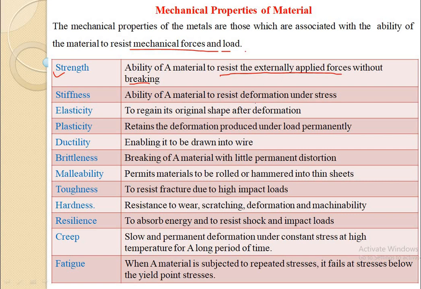If we apply an external force on any component, and that component is able to resist the applied force without breaking, meaning that the component does not break due to the application of load, then we can say that the material possesses sufficient strength because it is resisting the application of force and it is resisting breaking. That's why we can say that the material has some strength.